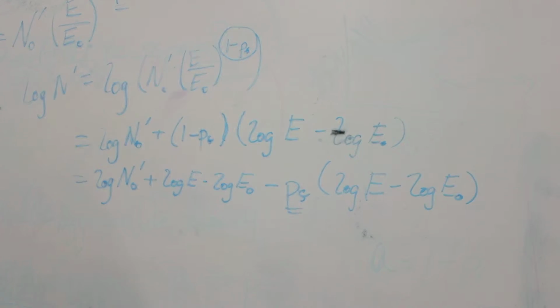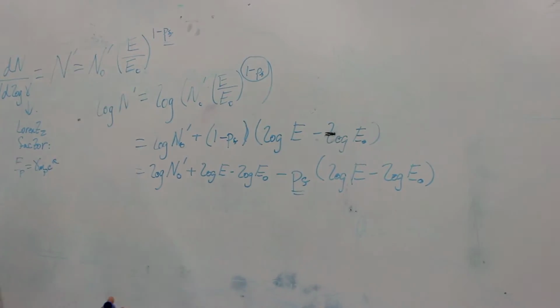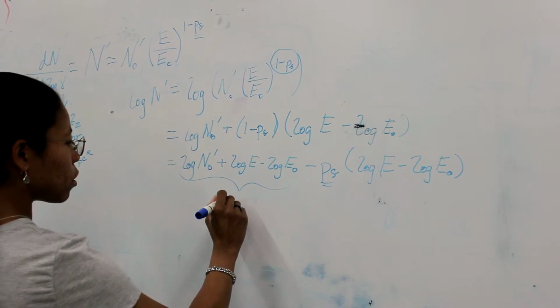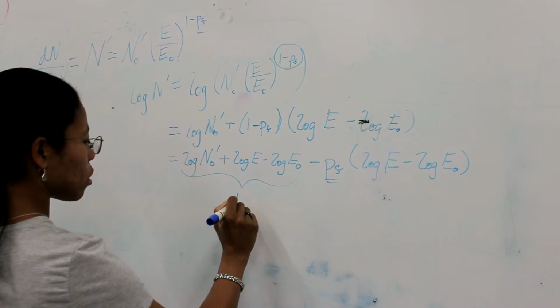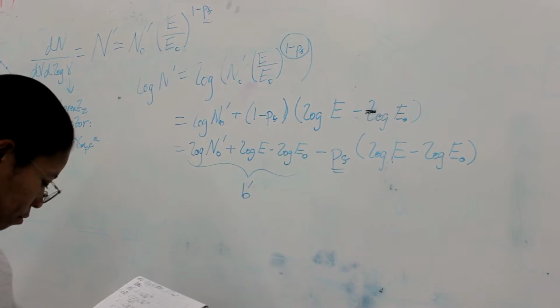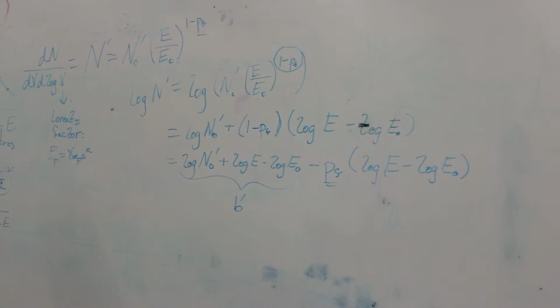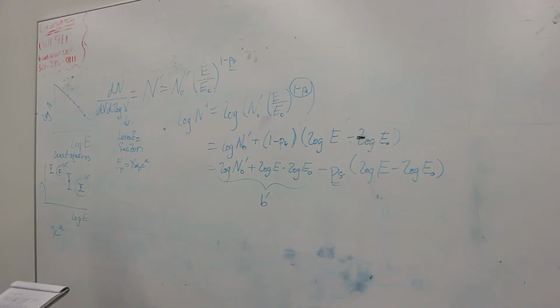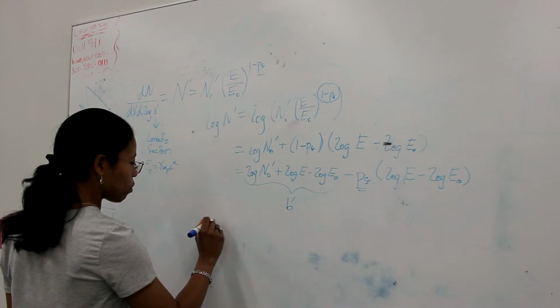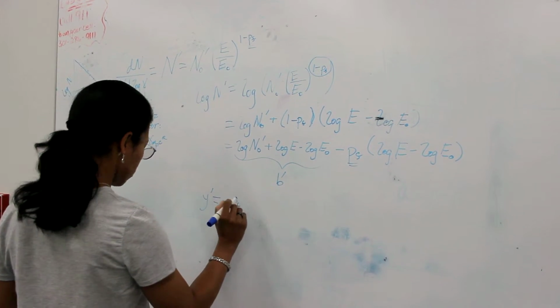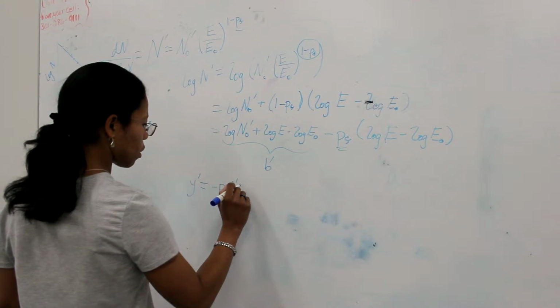That pf term is what we want. I'm going to put all the other stuff together into a variable, which I'll creatively call b. Since we're trying to fit a line, we're trying to find the best fit pf value that satisfies an equation like this.